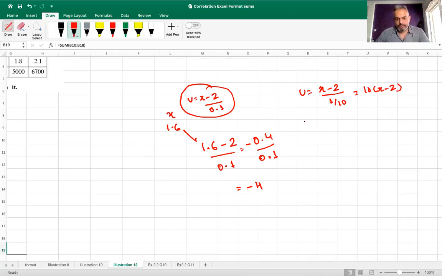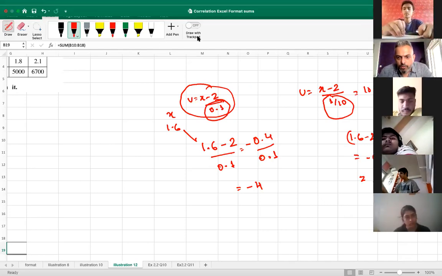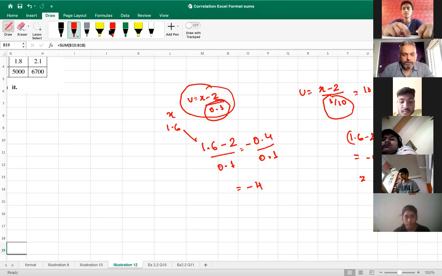So very simple again, 1.6 minus 2 into 10, which is equal to minus 0.4 into 10, which is equal to minus 4. So you can take either 1 upon 10 or you can take 0.1. Is this clear, all of you? Okay, because we don't want fractions, it will unnecessarily complicate the sum.